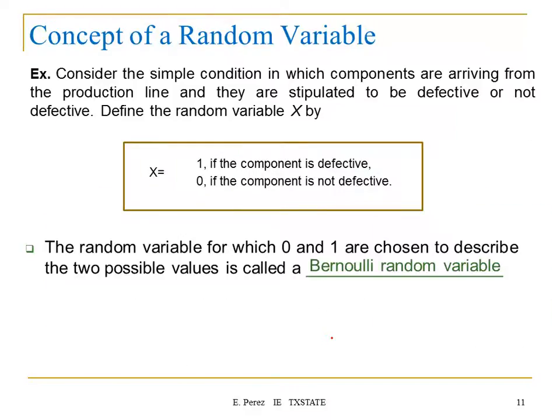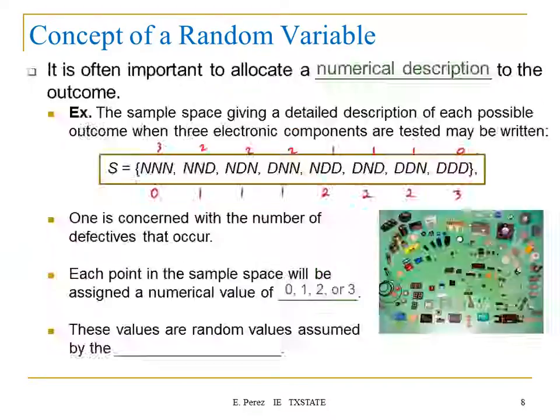When you say Bernoulli random variable, you're basically referring to a random variable that only assumes the values 0 and 1, or binary values. And we're going to come back to this concept later in this course. But keep in mind, a Bernoulli random variable is one that assumes values of zeros or ones.